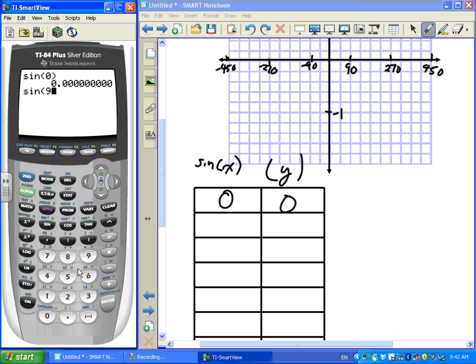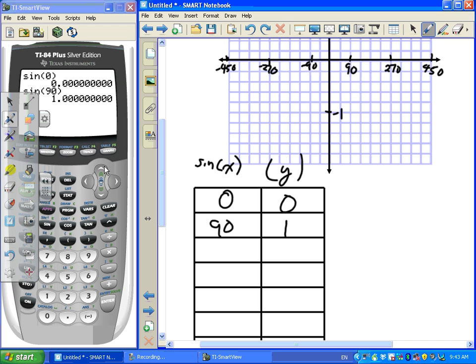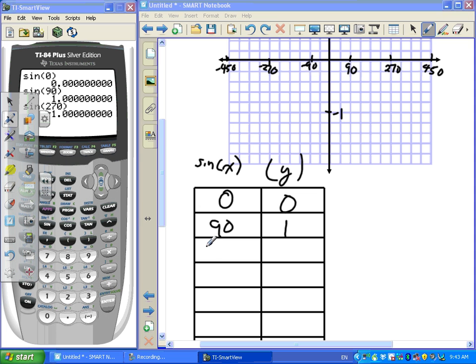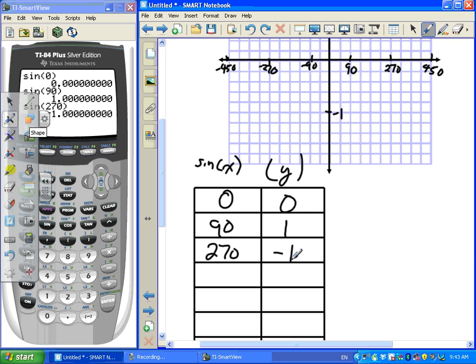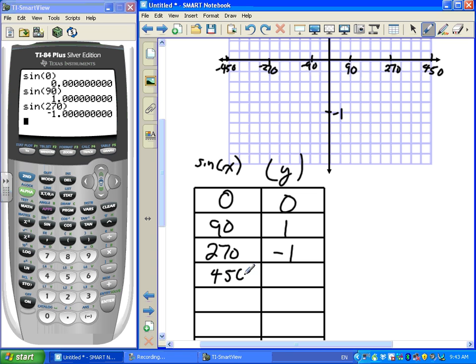When sine x is 90, y is 1. Okay? Another coordinate I have, sine x is 270. Y is -1.